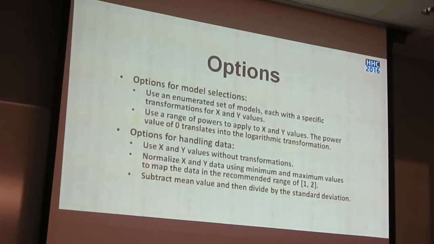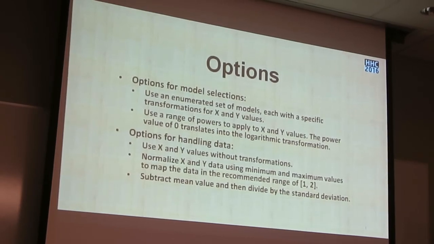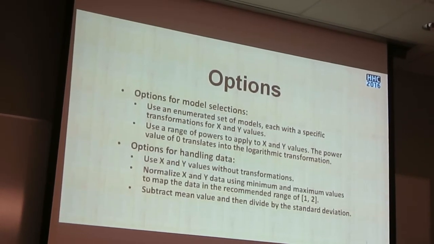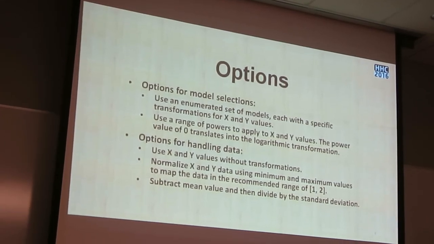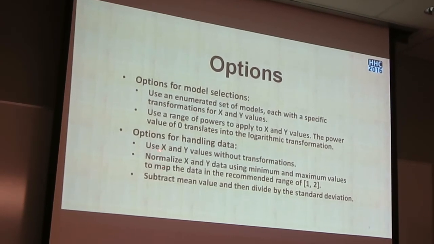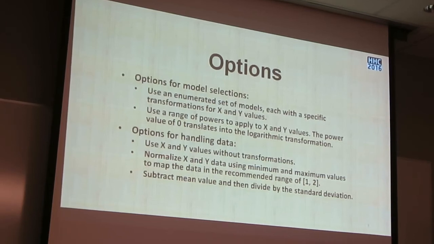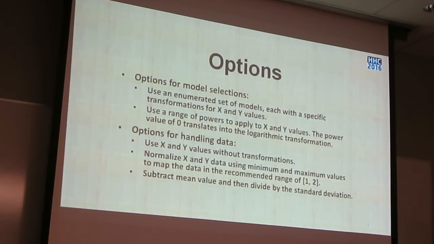Also for handling data, we have options that I mentioned yesterday in tips and tricks. If your data is all positive and stays within the same kind of range, then you can use your x and y values without any transformation. You'll be fine. But if your data has negative values and varies widely, then you should normalize x and y, as I explained to you yesterday, using the minimum and maximum value, and then you map it on the range 1 and 2.